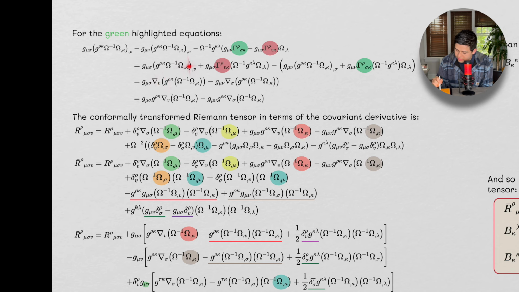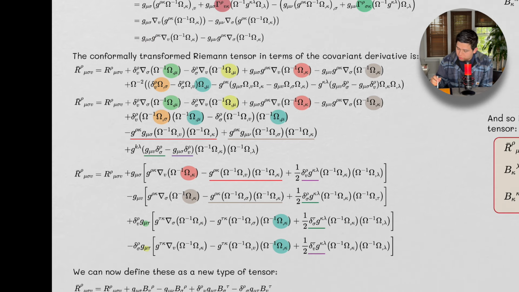So this comma mu or nu is this guy right here, and then this comma sigma is this guy right here. Okay, we're getting there. And then this reduces down to this. Okay, we're just taking the metrics out.